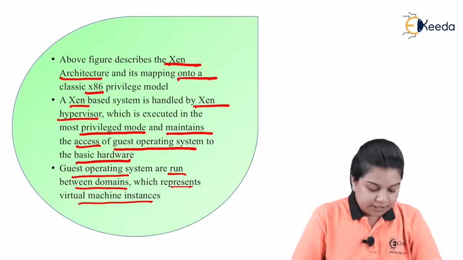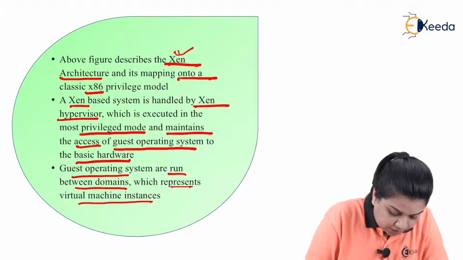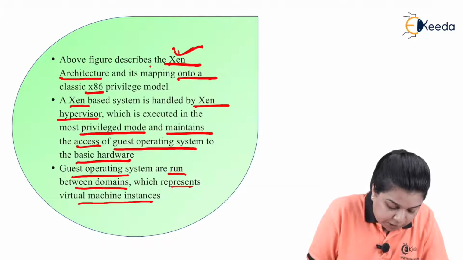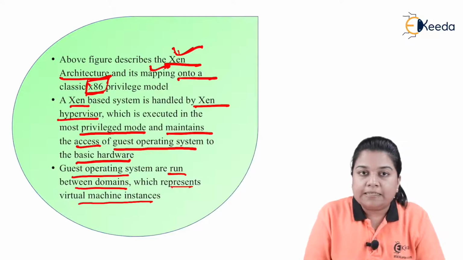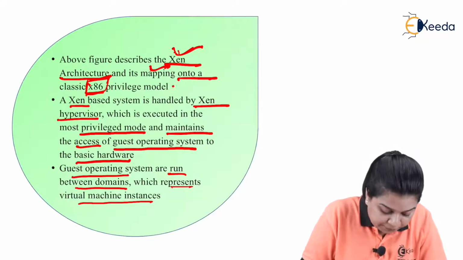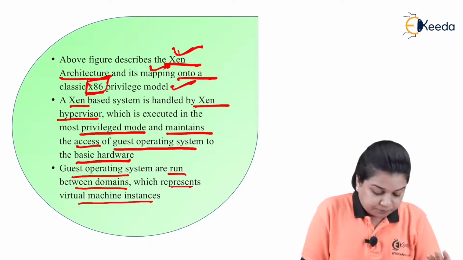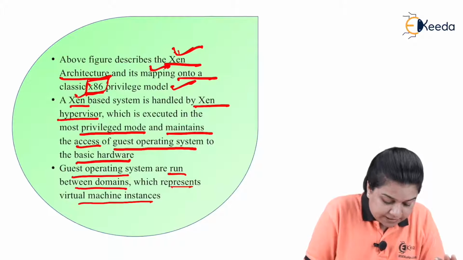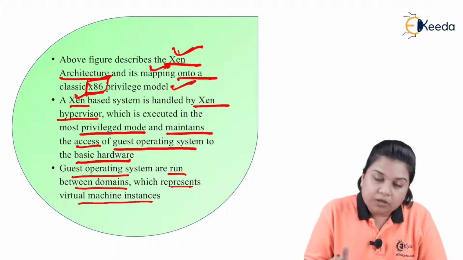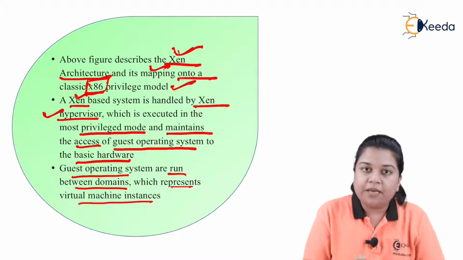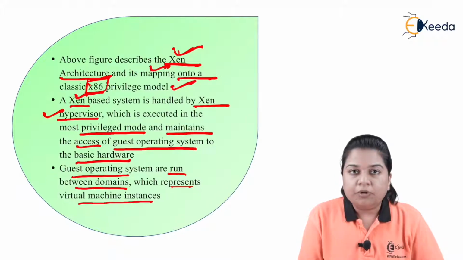Now what we understand with this is how the Xen architecture is shown in the diagram, and its mapping onto the classic x86 architecture. The classic x86 architecture here is in the privileged mode, or I could say it is the privilege model. Now this Xen based system is handled by the Xen hypervisor. We have seen the Xen hypervisor, or we could say the virtual machine manager.